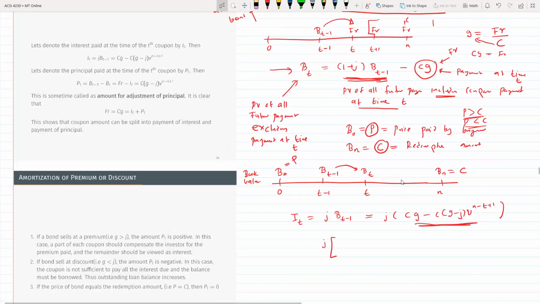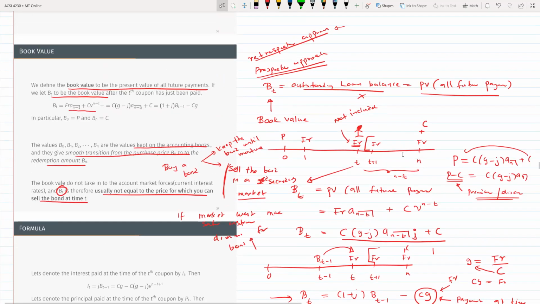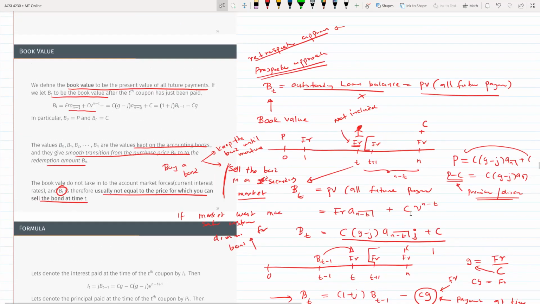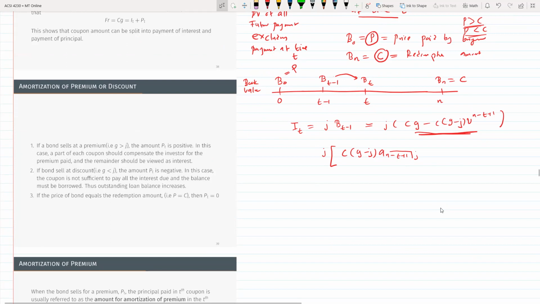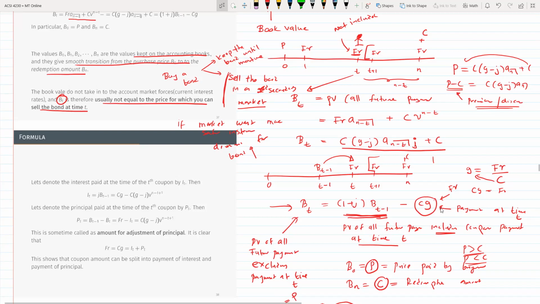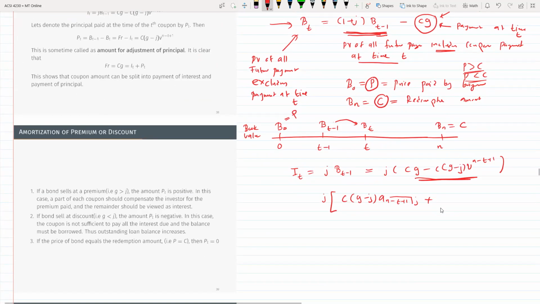It is basically C times (g minus j) times a angle N minus T plus 1 at rate j, then plus C times v to the N minus T plus 1, plus C.